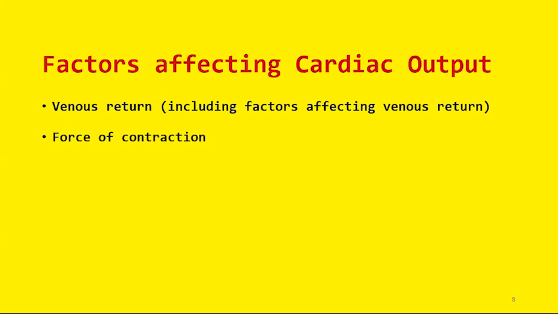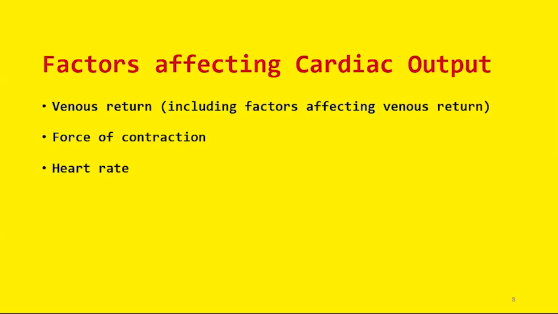The next factor is contractility of cardiac muscle, or the force of contraction, and this depends on the cardiac muscle pumping ability. If the contractility is great, obviously the cardiac output will be great as well. The next factor is heart rate, another factor which is directly proportional to cardiac output.